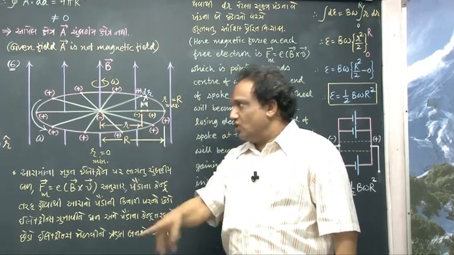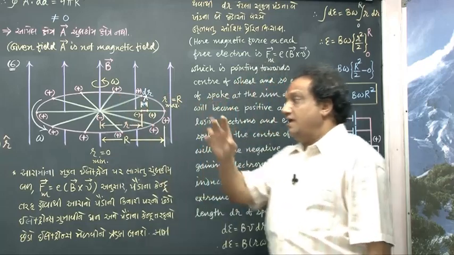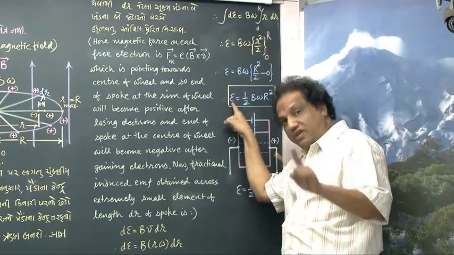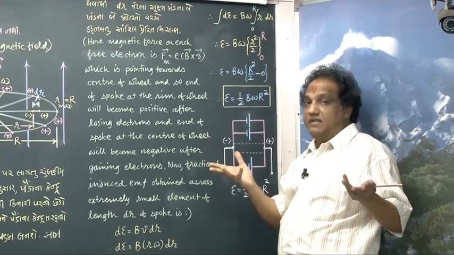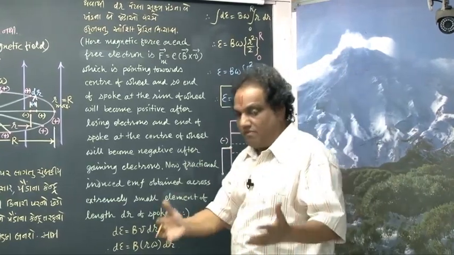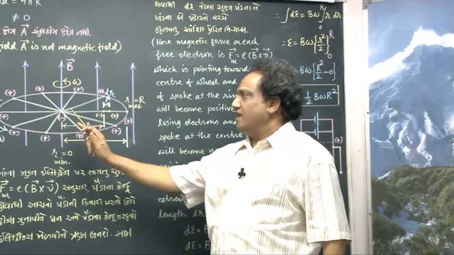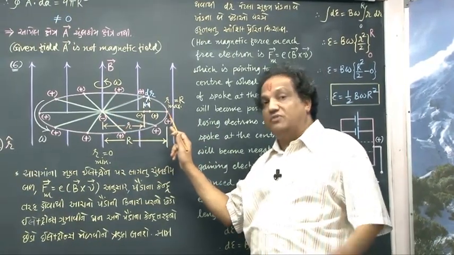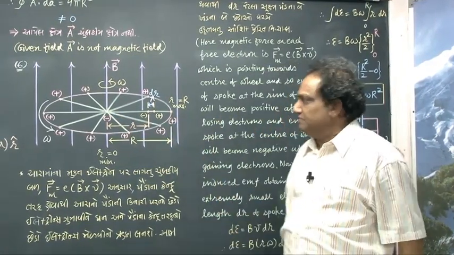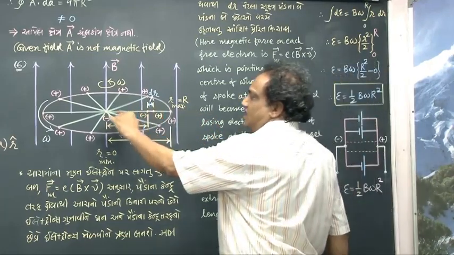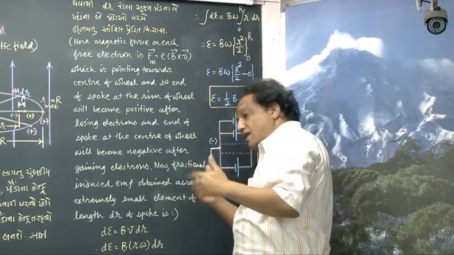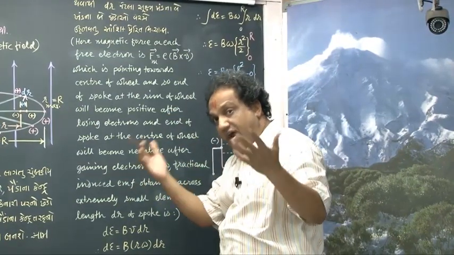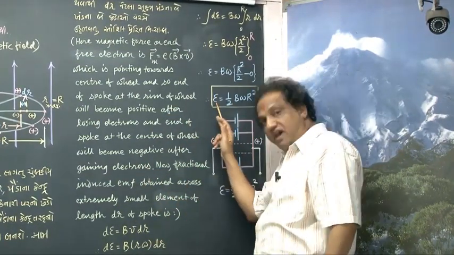For each spoke you are going to have the same magnitude of induced EMF. Then the question arises, what will be the resultant EMF between the center and the rim of the wheel? Let us find out. All these spokes, having this much EMF, behave as if they are batteries of this much EMF.